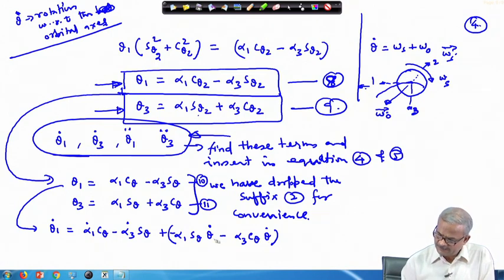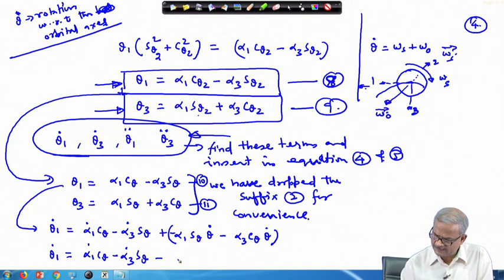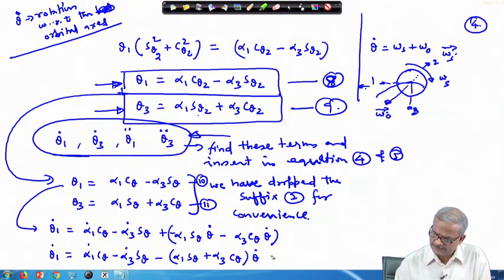Now, this is the theta dot term which is appearing in this place. So, we can write theta 1 dot equal to alpha 1 dot c theta minus alpha 3 dot s theta, and here this minus sign is there. So, we can take the minus sign outside: alpha 1 s theta plus alpha 3 c theta times theta dot. Okay.